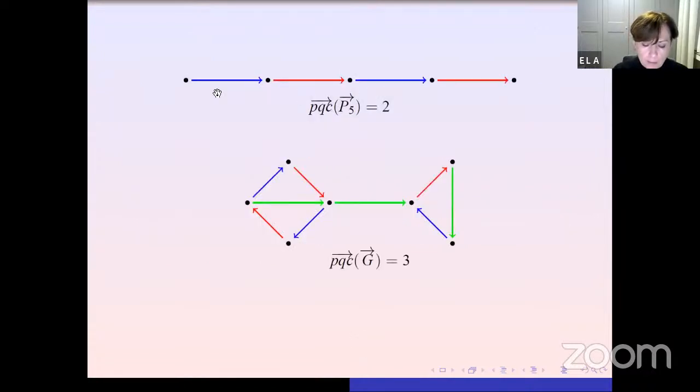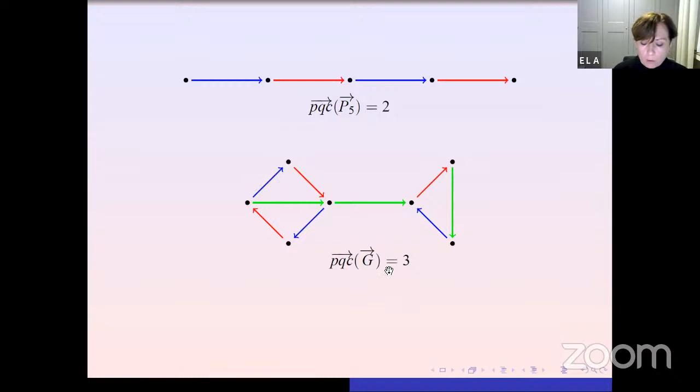Here you have an example. The path is not strong. However, we can consider the proper quasi-connected coloring of the path, and we can color it with two colors. So the proper quasi-connection number of the path is equal to 2. And also here is a graph. This graph is not strong, because we cannot go from any vertex of this part to any vertex of this part.